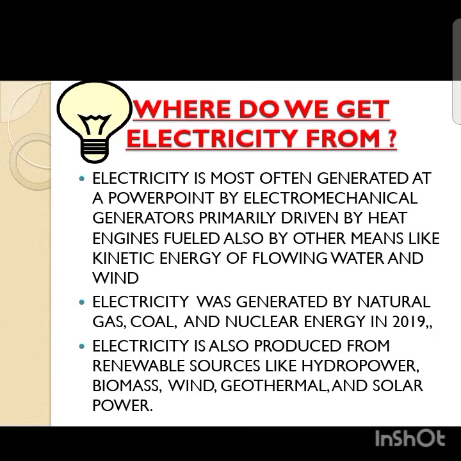Electricity is also produced from renewable sources like hydropower, biomass, wind, geothermal, and solar power. Here they are telling that electricity is generated from electromechanical generators, which are driven by heat engines fueled by other means like kinetic energy.